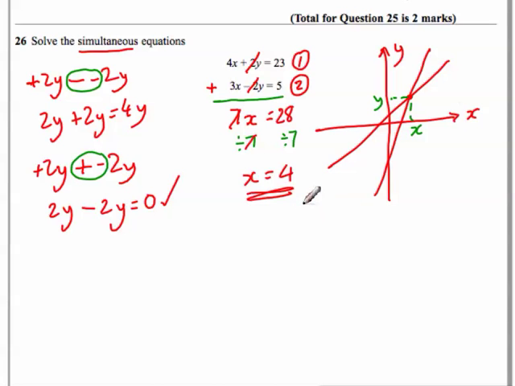Now, we do that by what we call substituting this value of x into one of these two equations. I think I'll choose the top one, because this doesn't have any negatives in it, so it'll probably be slightly easier for me to do. But either of them will be fine.